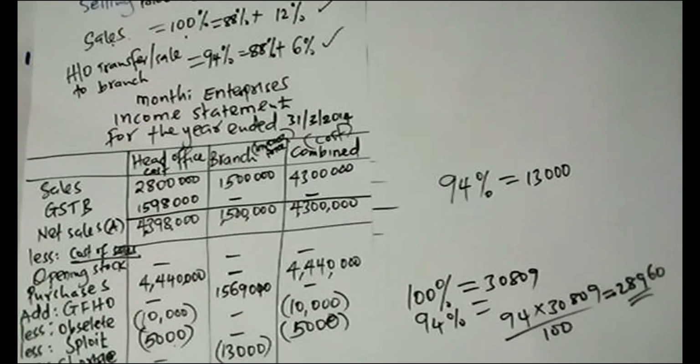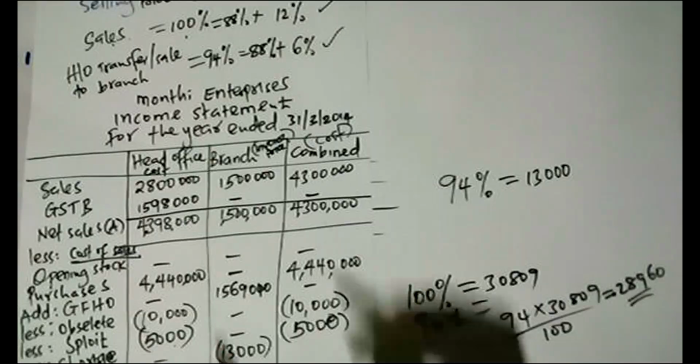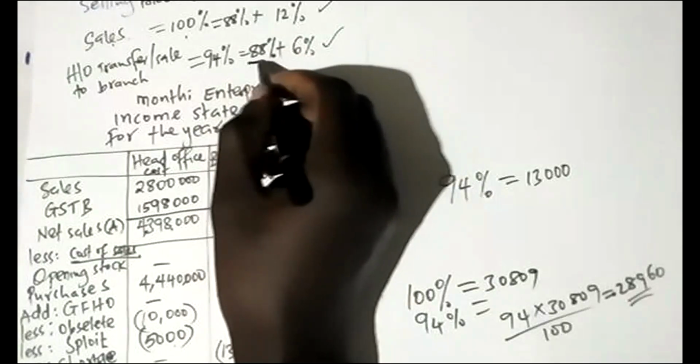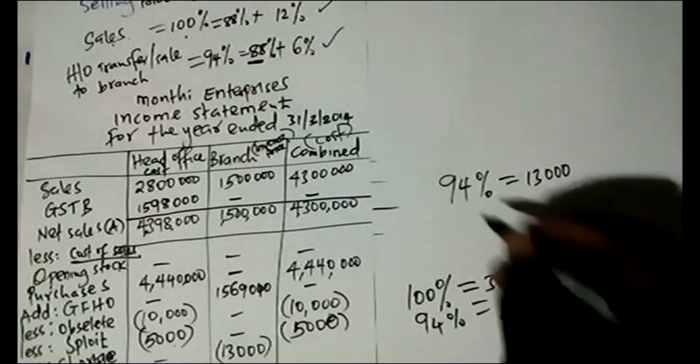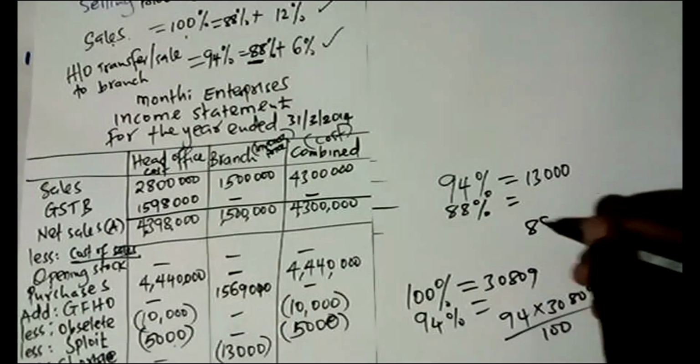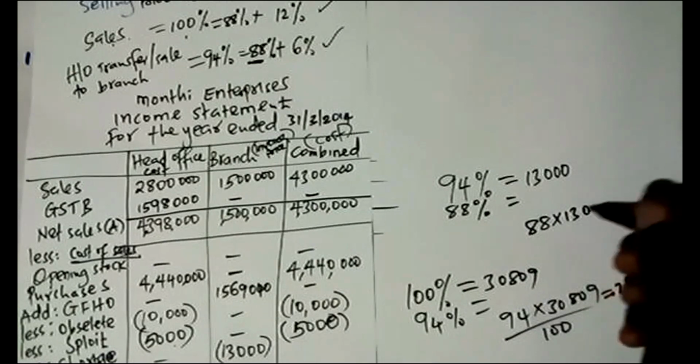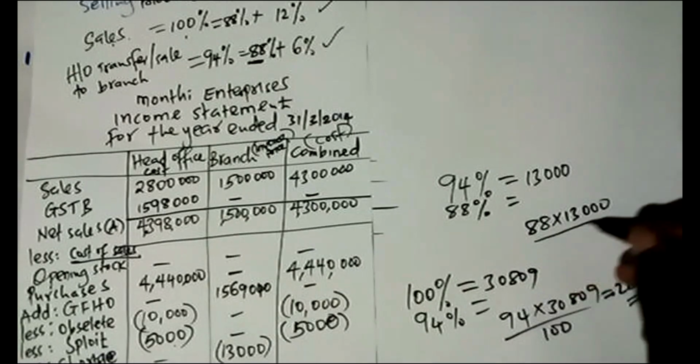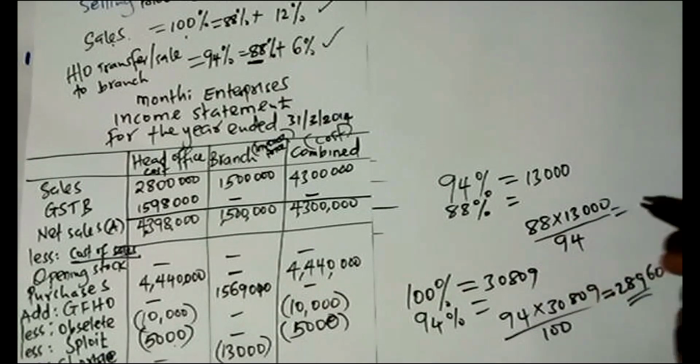But you know that for the combined, you have to record those goods at cost. And our cost will be at 88%. So I have to take 88 times 13,000, divided by 94.